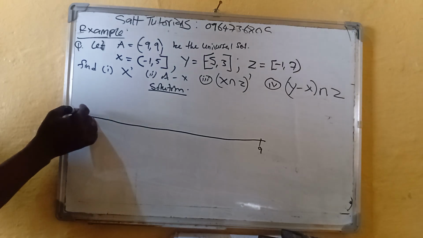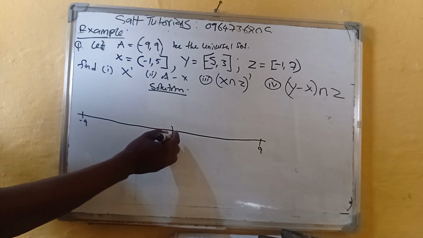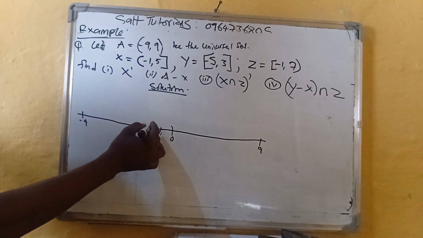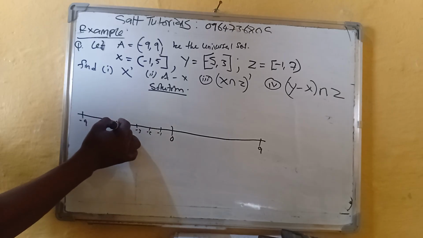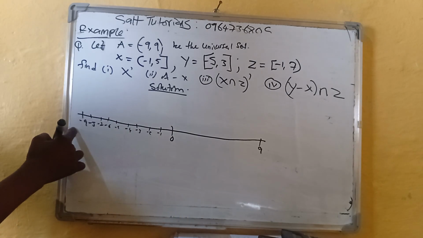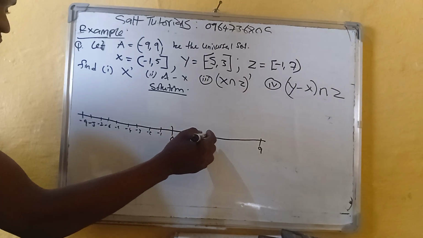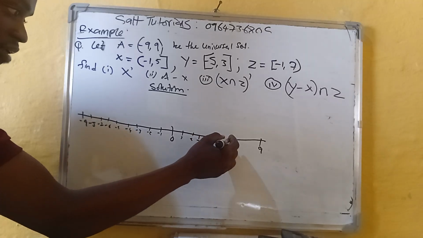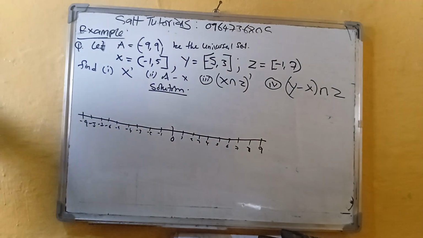So this is where my values are going to be. So if this is 0, obviously this is -1, -2, -3, -4, -5, -6, -7, -8, until -9. This is a 1, this is a 2, this is a 3, this is a 4, this is a 5, this is a 6, this is a 7, this is an 8, and this is a 9.